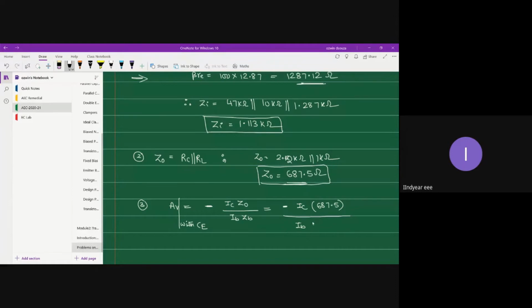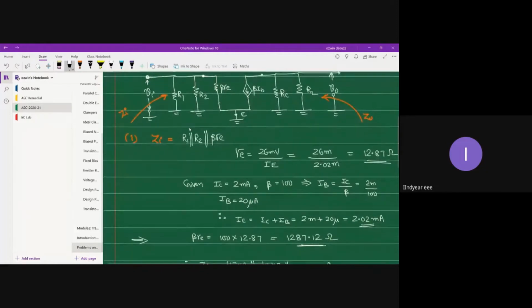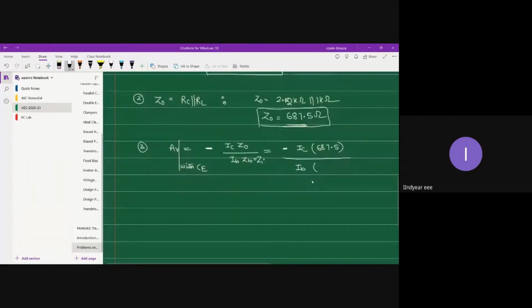What is ZB? Other day we have seen ZB or Zi. Yeah, there is no ZB here, okay, which is Zi itself for a bypass capacitor circuit. Okay. So that's beta RE itself, and IC by IB, anyhow you will get it as beta.